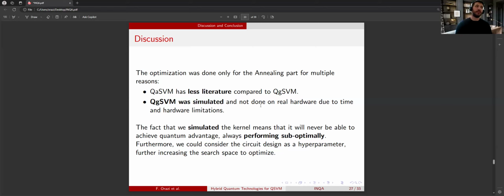It was just there because it was the point of the methodology to use both technologies. So we performed the optimization only on the hyperparameters of the annealing. And furthermore, just to point out that the circuit design for the gate-based kernel should be considered as a parameter and should be tailored to the actual problem.